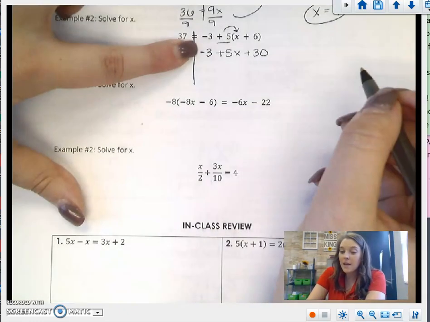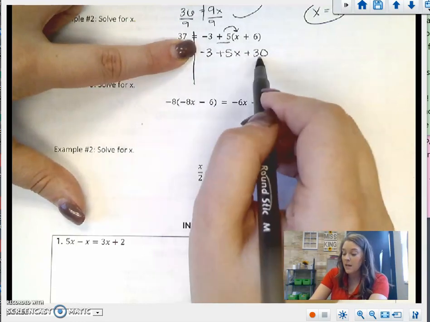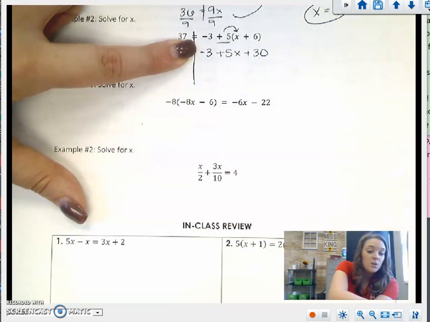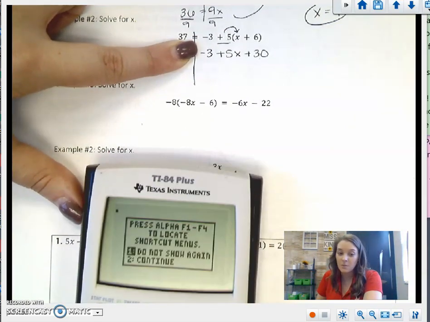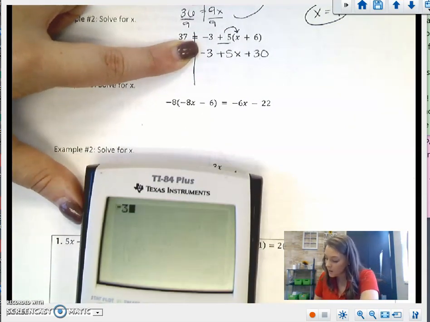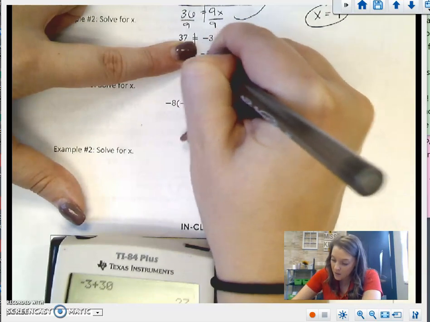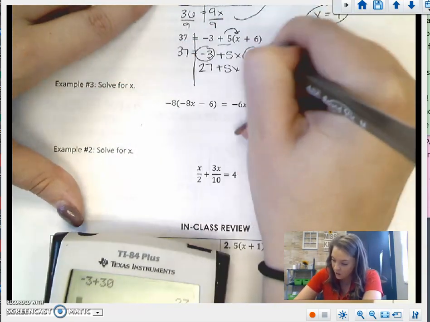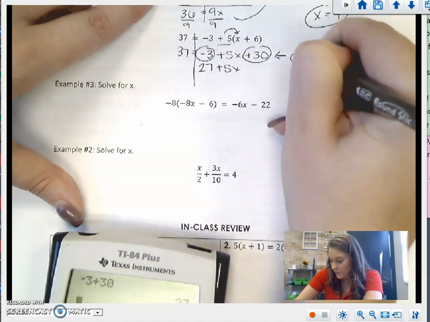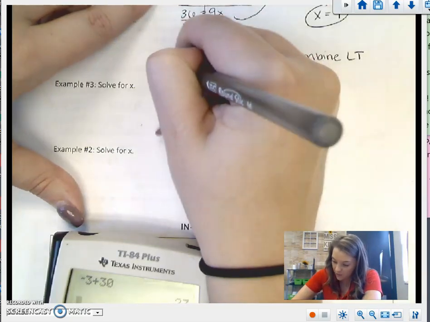Now on my right hand side, I have some like terms. Remember that constants are like terms, so I have a negative 3 and a 30. So using my calculator, I'm going to add my like terms. Negative 3 plus 30 is 27. So now I have 27 plus 5x, so I combine my like terms, equals 37.